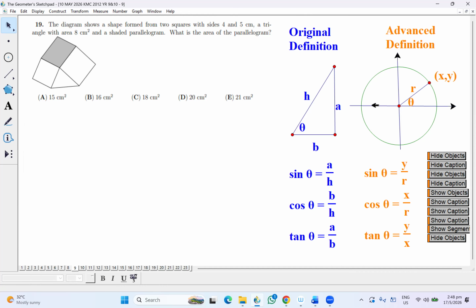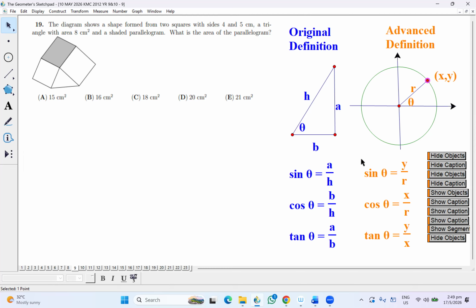But why change to this advanced definition? That's the question, is it not? This is a very clever invention. If you move around the circle one more round and come back, then we get 360 plus theta. It also has the same value, y over r, sine theta.